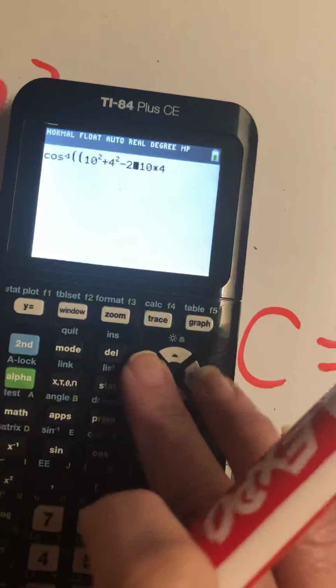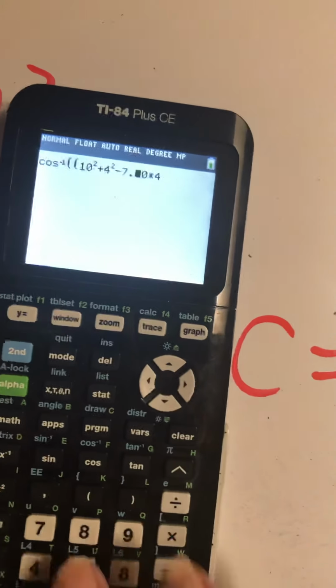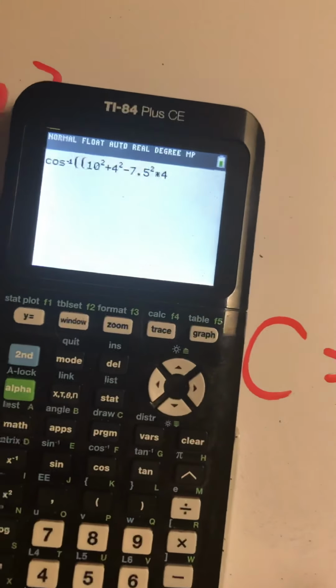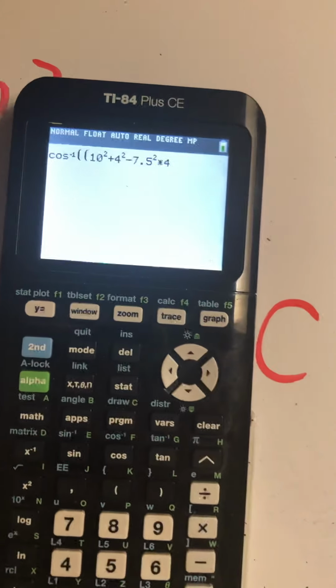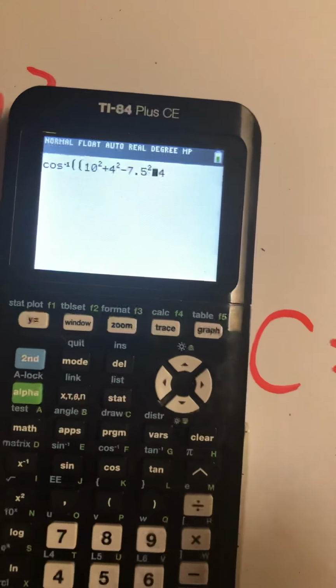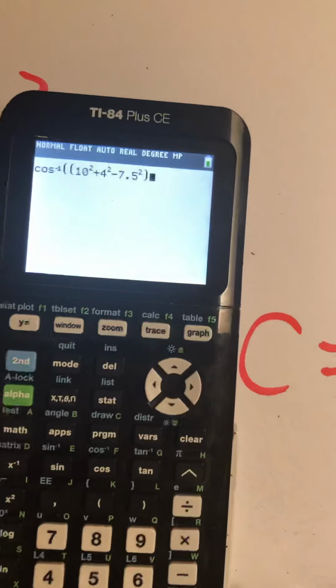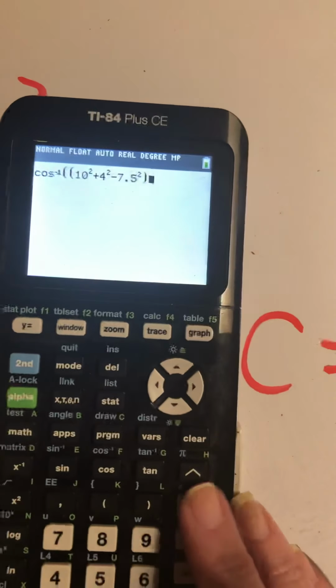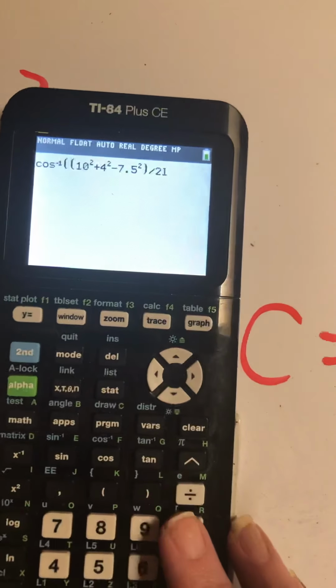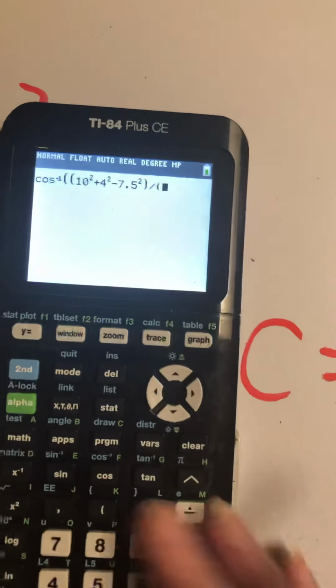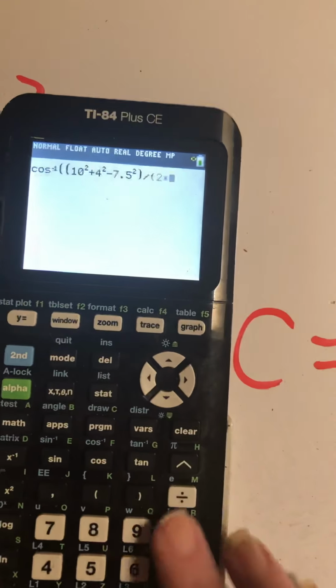Hold on. I didn't put the rest of the numerator in. Okay, so it's 10 squared plus 4 squared minus 7.5 squared, because 7.5 is the side across from the angle you're looking for. Then I close parentheses, divided by parentheses 2, times 4.